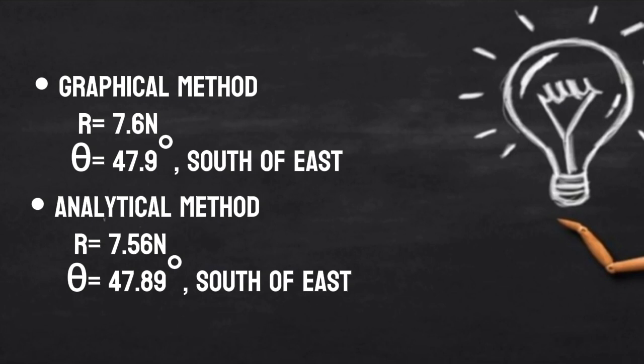And when we use the analytical method, we get the resultant vector is equal to 7.56 newtons at 47.89 degrees south of east. Since they are most likely equal, this means that what I have done is correct.